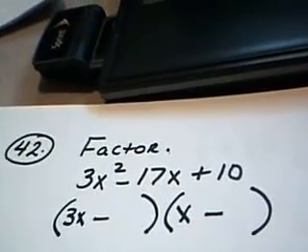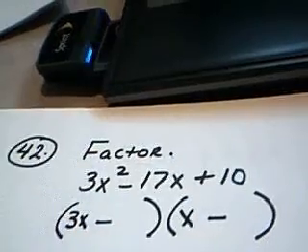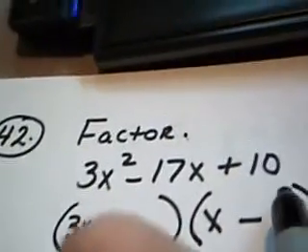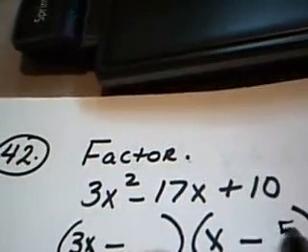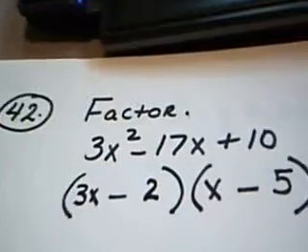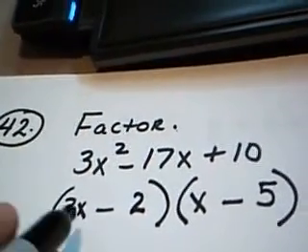And what I mean by work, when you multiply this back out again, it needs to give you what you started with. And the way this is going to work is if we put a 5 in this position and a 2 in this position, truly being a negative 2 and a negative 5, look what happens.